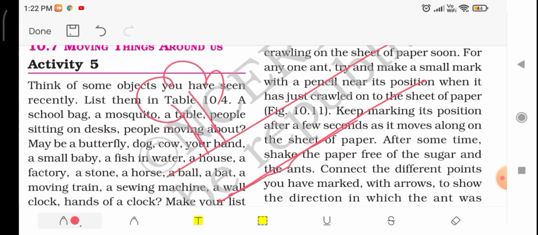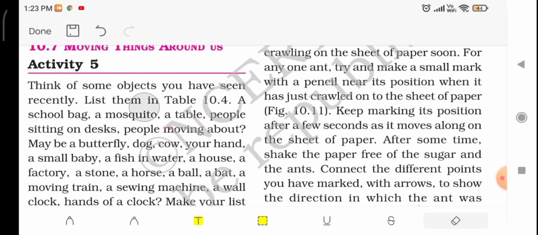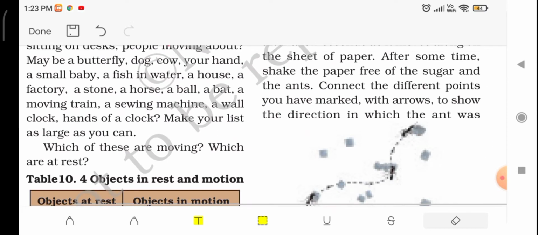No, because its position is not changing with respect to the road, so we can say it is not in motion, it is at rest. In your school bag, your books, pen, pencil, stationery are still, their position is not changing, so they are at rest. In short, when objects are not in motion, they are said to be at rest.